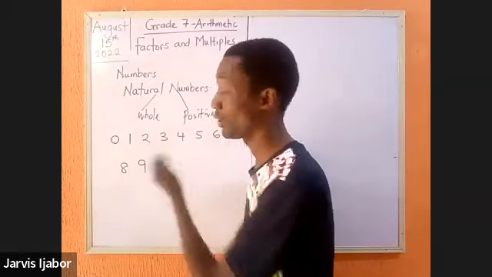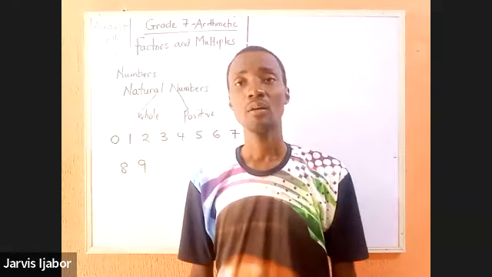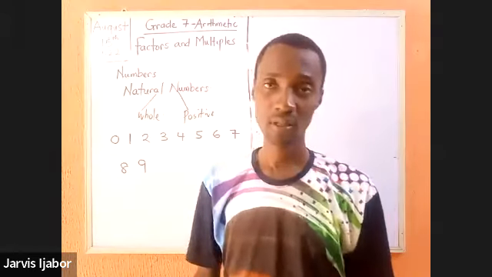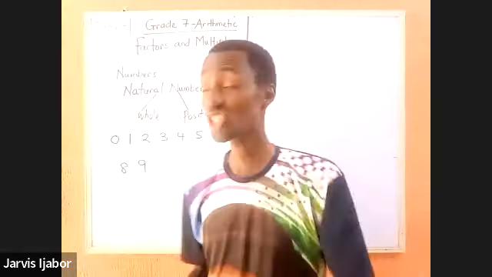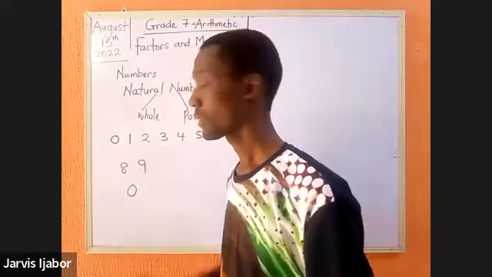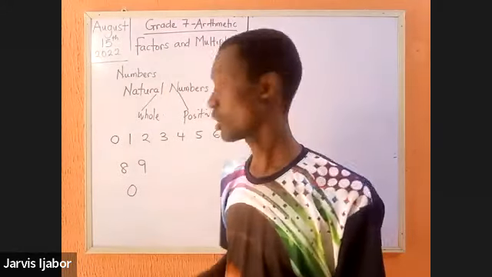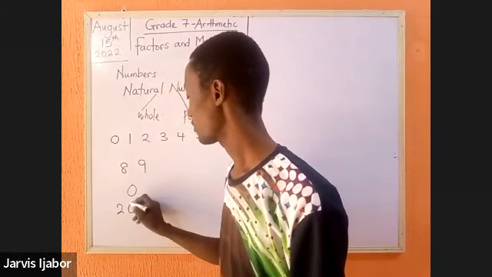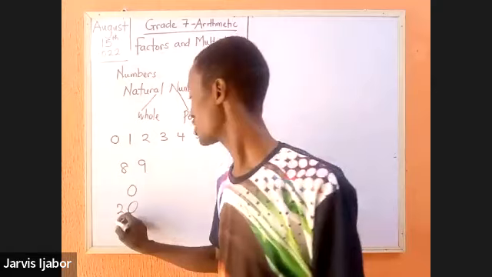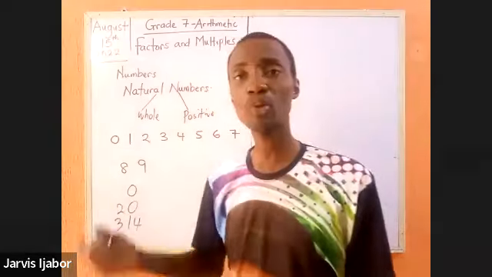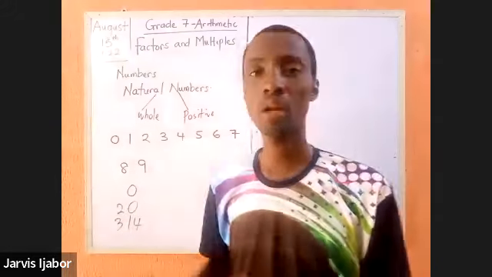And what I've written on the board are essentially building blocks for whole numbers. So a whole number can be a single digit number, like 0. It can also be a 2-digit number, like 20. It can also be 3 digits. So with this, we begin to build up whole numbers.